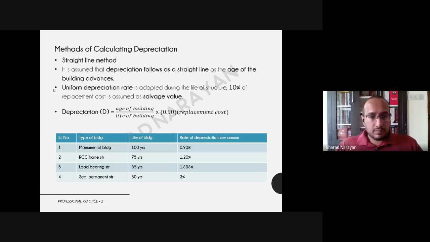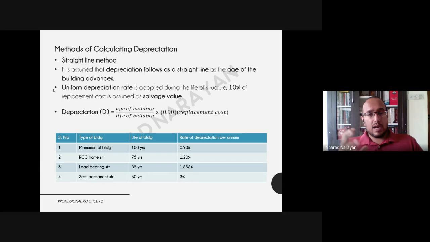Here is this standard tabular column where we try to understand what the life of buildings can be estimated as. There is a rate of depreciation which is calculated, but again, that is dependent on the age of the building. If it is a monumental building, you consider around 100 years.